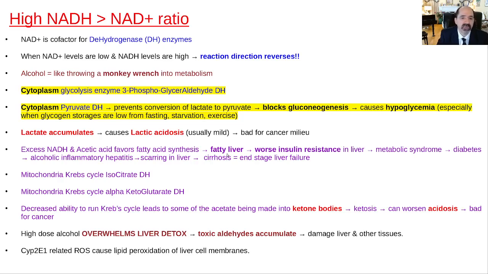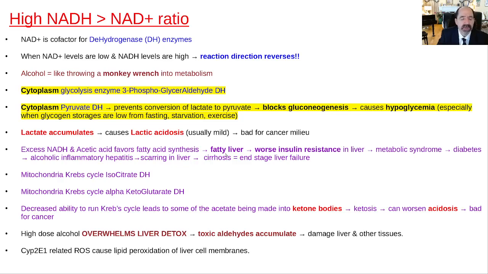And that fatty liver over time is associated, like we just spoke about, with the endoplasmic reticulum. Sometimes it's called the microsomal ethanol oxidizing system, producing the reactive oxygen, leading to scarring and tissue damage in the liver. So over time, fatty liver can progress to extensive scarring in the liver, fibrosis, and that leads to cirrhosis, end-stage liver failure.